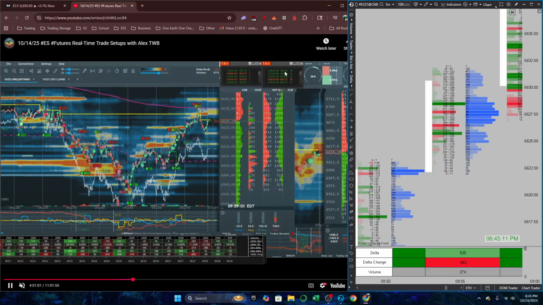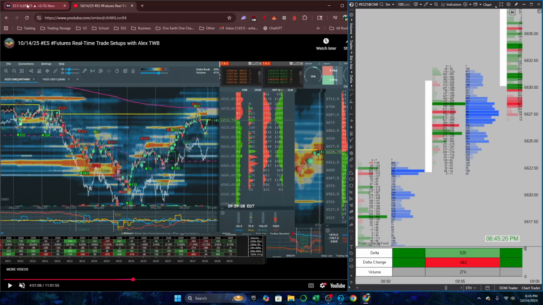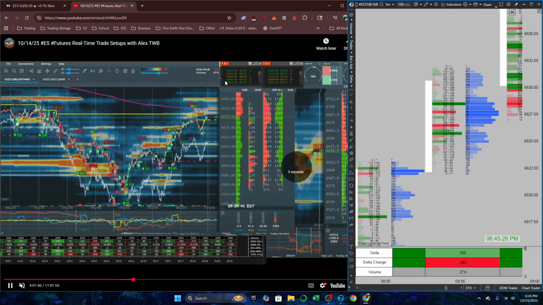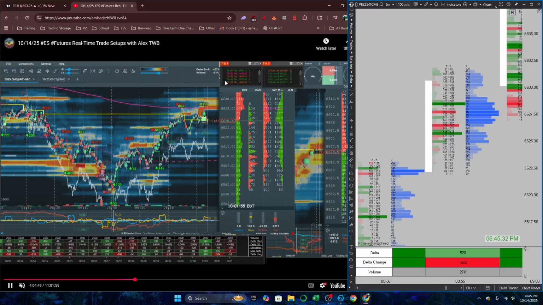Interesting. Again, nothing really I'm noticing there. Okay, right at VWAP, there's a lot of passive selling.